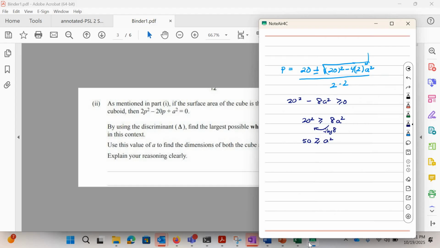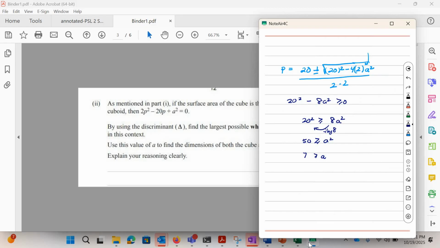And that means that a, if I square root both sides, has to be smaller or equal to 7 if a is positive. If a is negative, it has to be smaller or equal to -7.